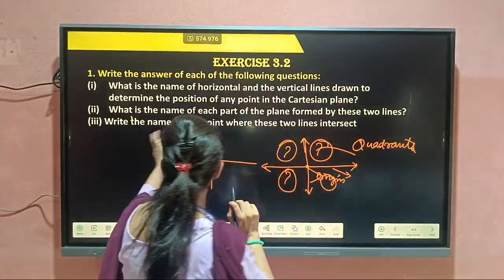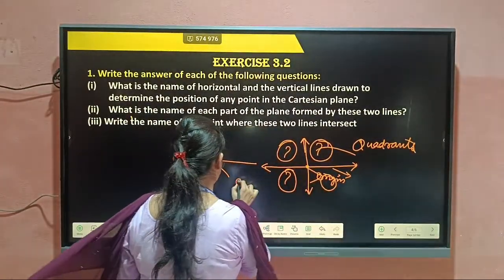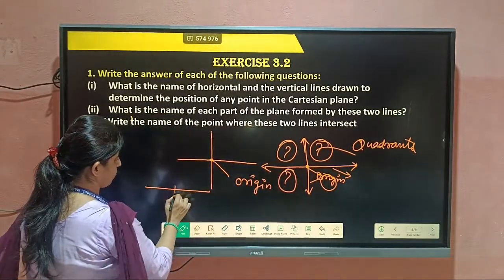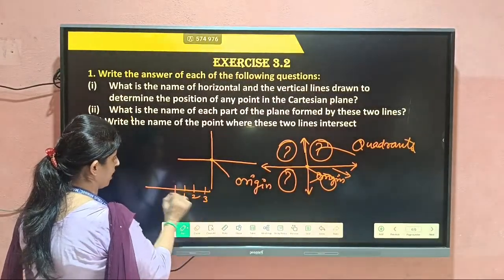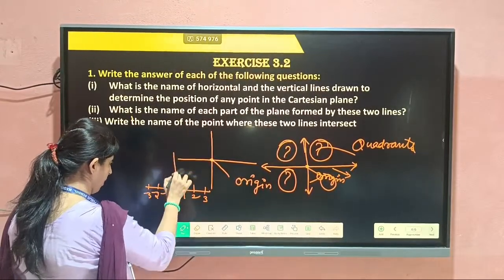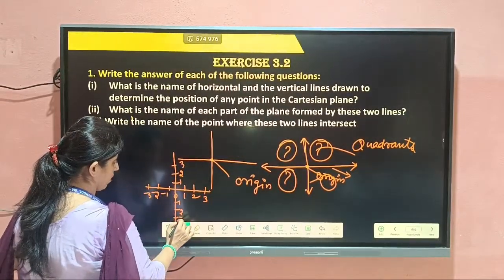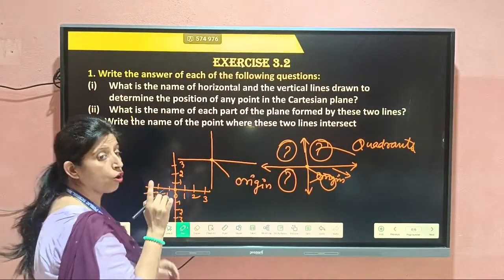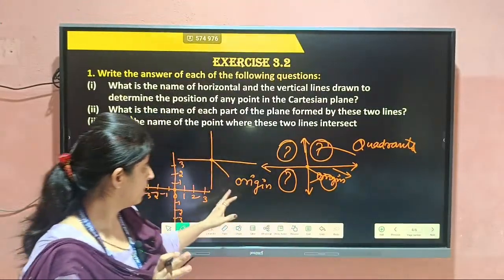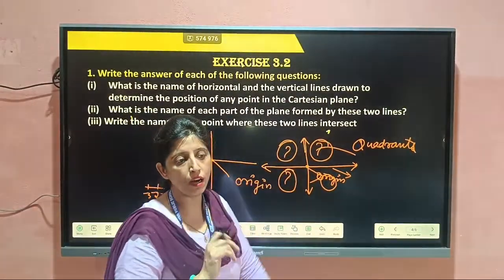If we start from 0, 1, 2, 3 and on the negative side -1, -2, -3, the same horizontal line we write like this, and they will always meet at this point, the origin. So the name of the point where two lines intersect is called the origin.